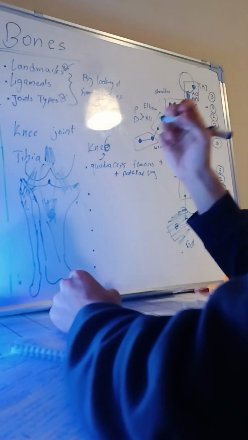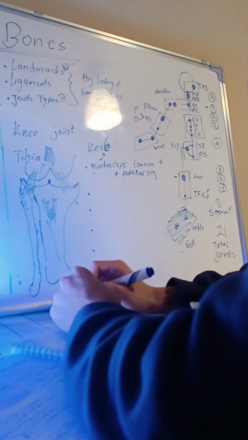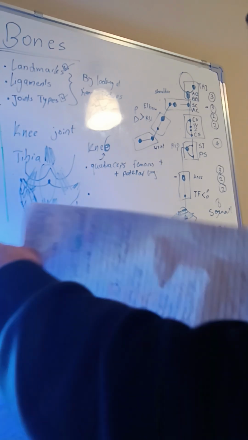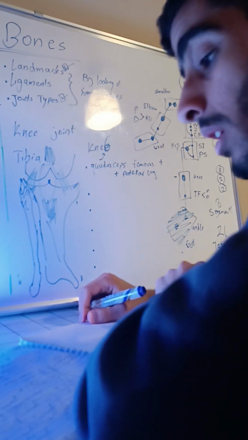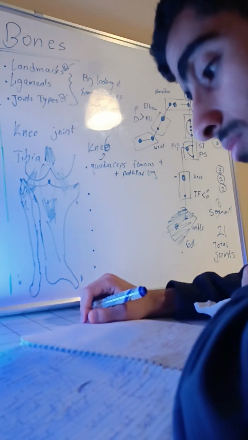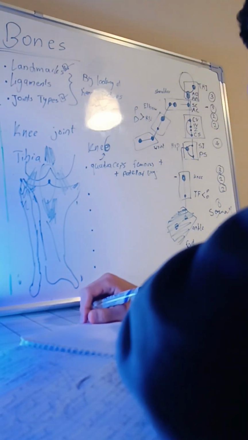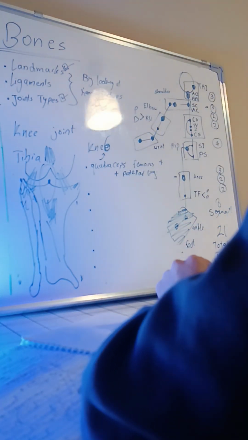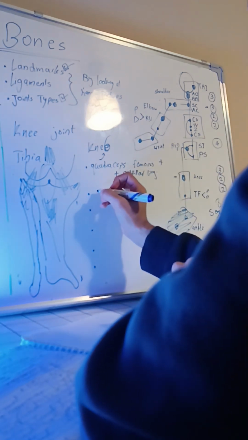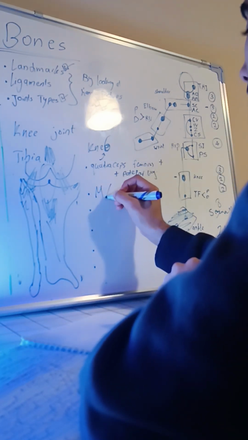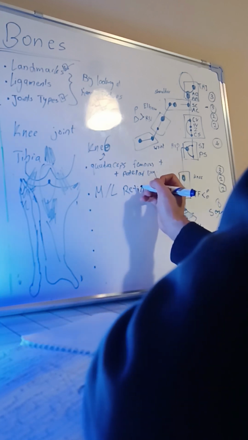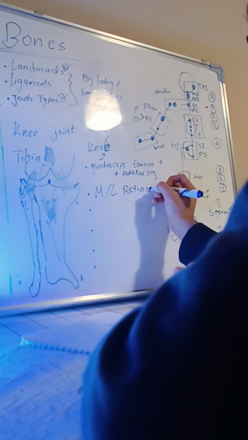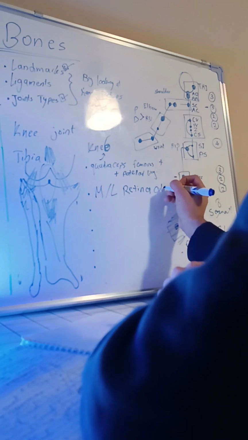The second set, which is here, we're gonna have, what is it called? Retinaculum. Yes, retinaculum, medial and lateral retinaculum. So there is the medial and lateral retinaculum.